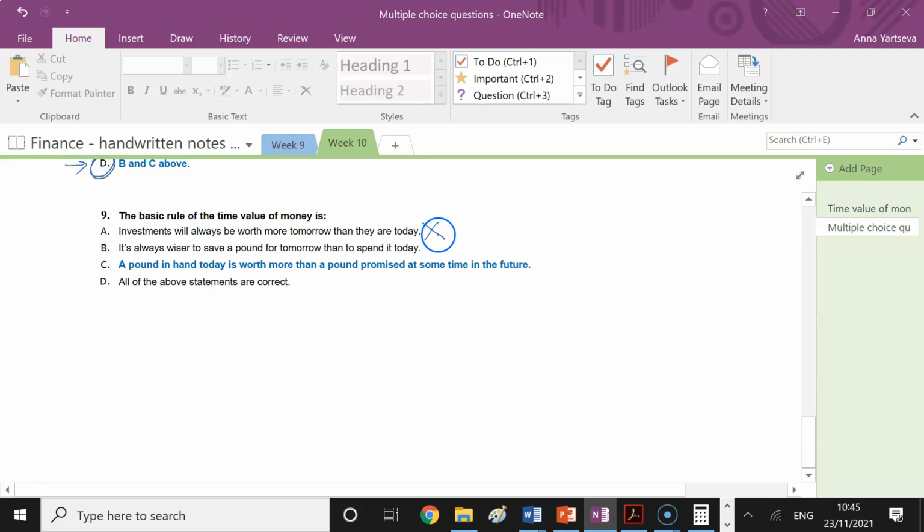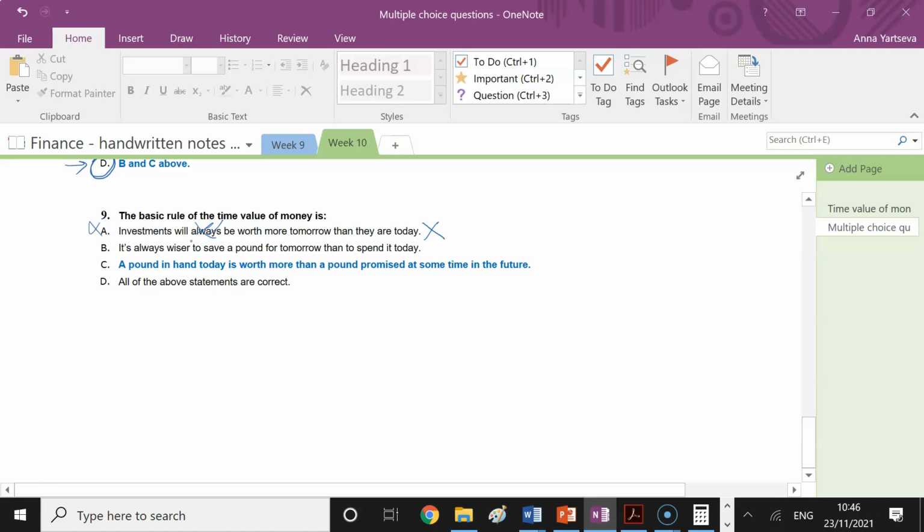There is always a possibility that this investment project is going to be loss-making. You will lose your capital. You can get back less than you invest. You should always be aware of this. Don't assume that it's guaranteed. The returns are never guaranteed, especially in a stock market. So A is incorrect. Not always more. We hope for this, but this is definitely not the case.